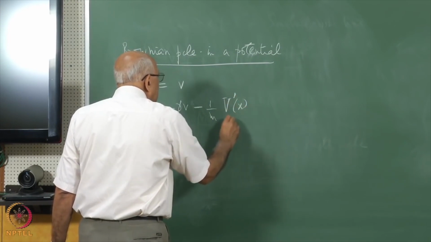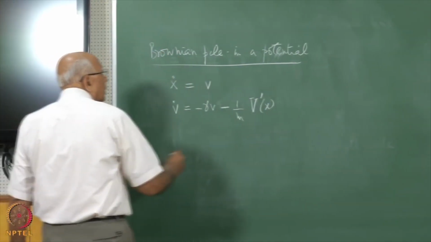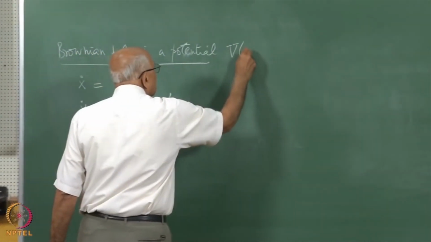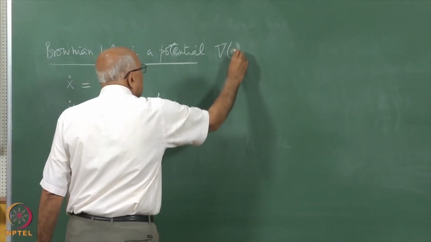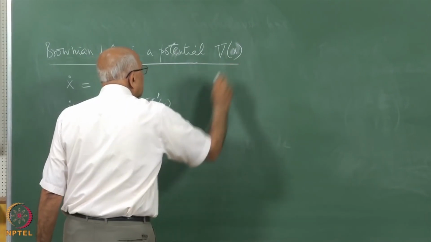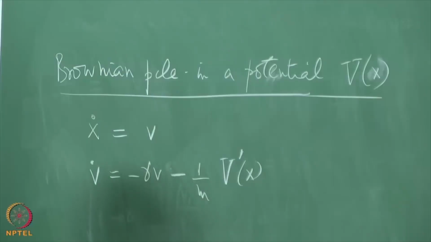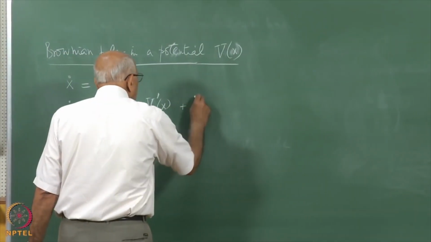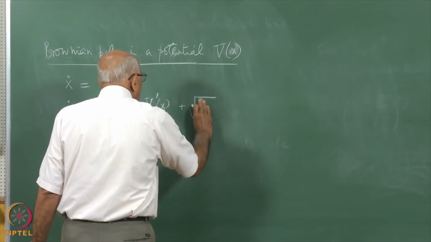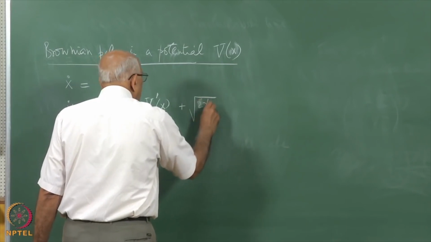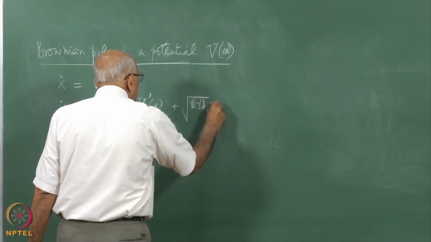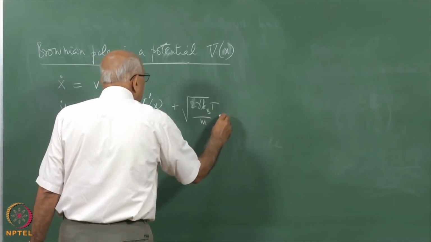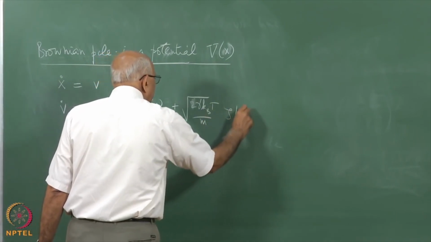This is some potential, in a potential V of x, capital V of x. Then that term is present, and the last term is exactly as it was before, plus root 2 gamma k Boltzmann T over m zeta of t.